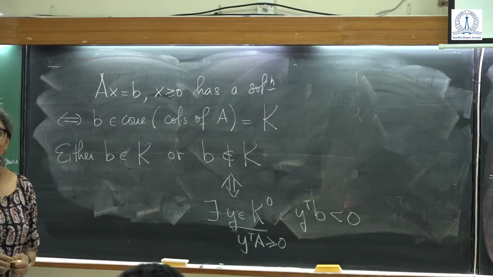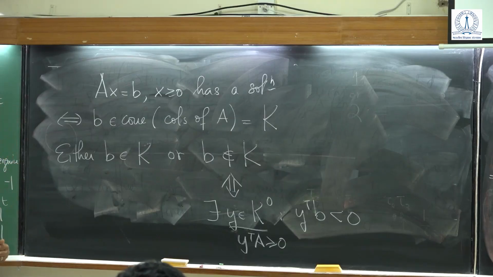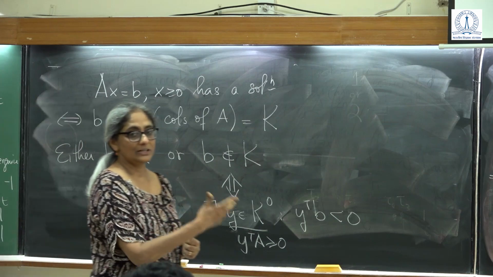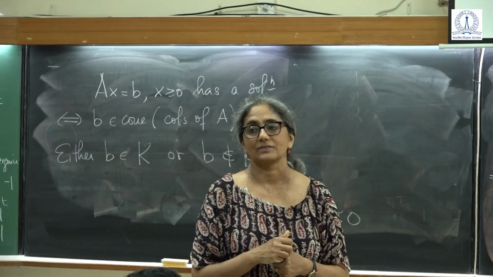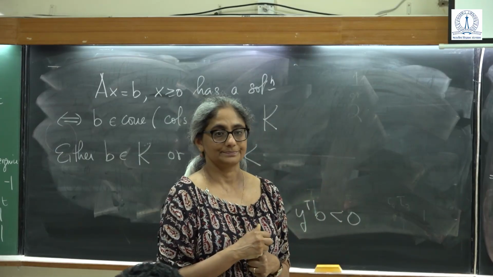That's Farkas theorem. So it's very easy to remember. It's just saying B is in the cone or not. But it gives this really powerful alternative theorem that allows you to certify the lack of a solution to a system that has a non-negative solution.